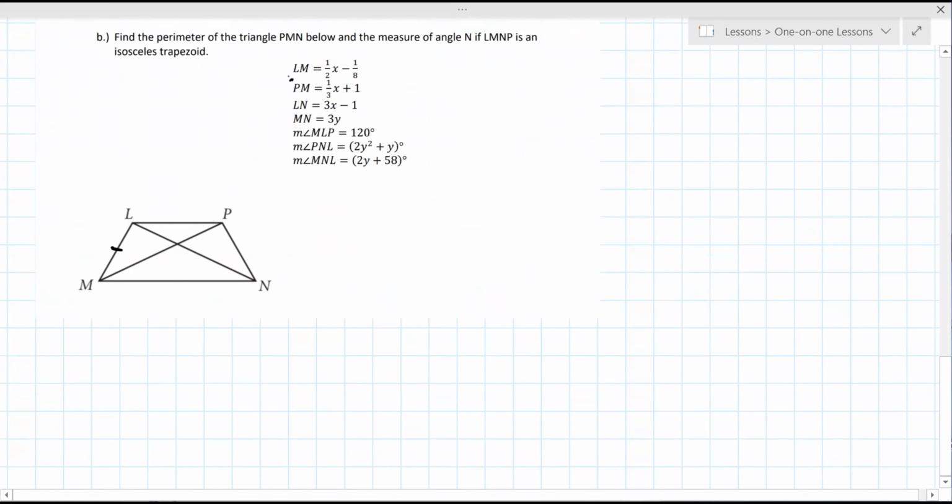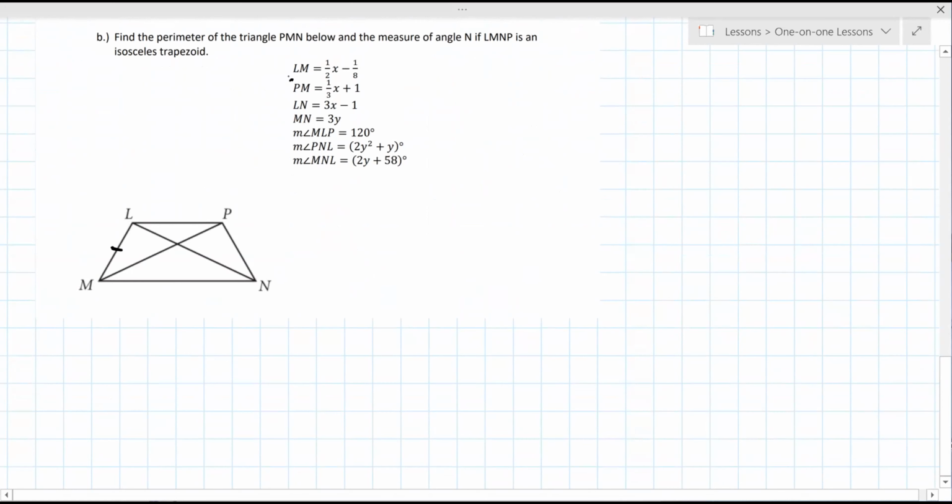Okay. I'm gonna finish erasing this stuff. So if you clear the fraction, multiply everything by 3, you get x plus 3 equals 9x minus 1. You end up getting 4 equals 8x, so x equals 1/2, which is not great.